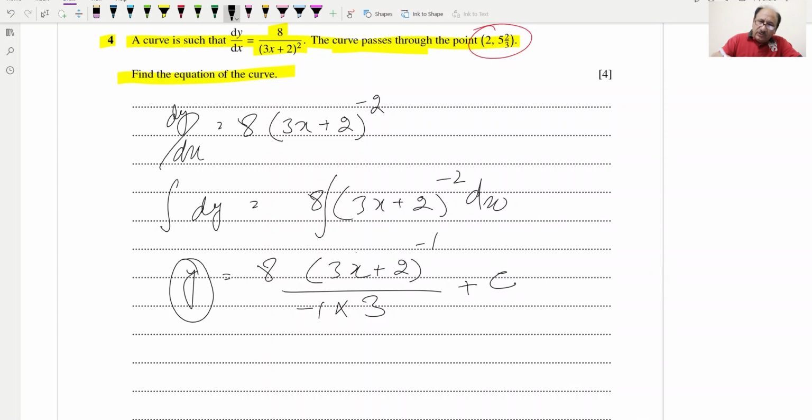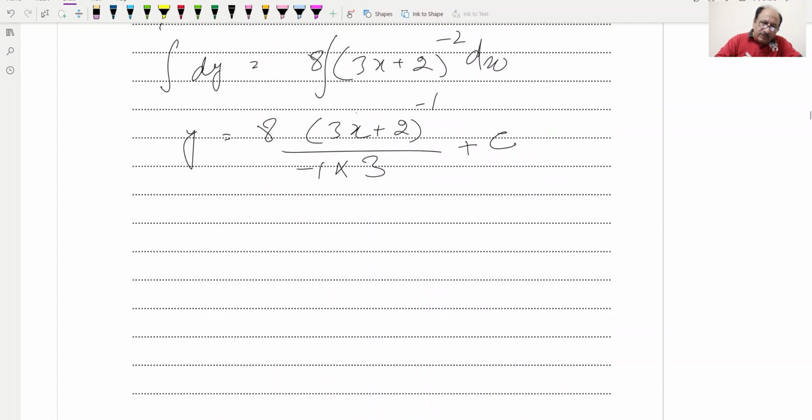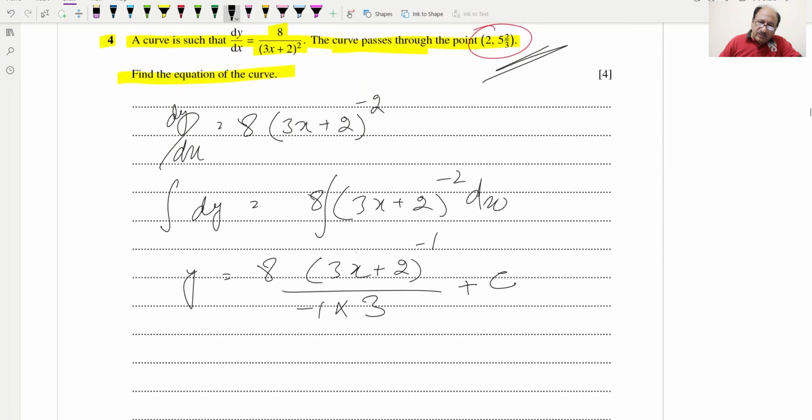And this value is, from here we can replace the point. If I see the point, the y value is 5 whole 2 by 3.